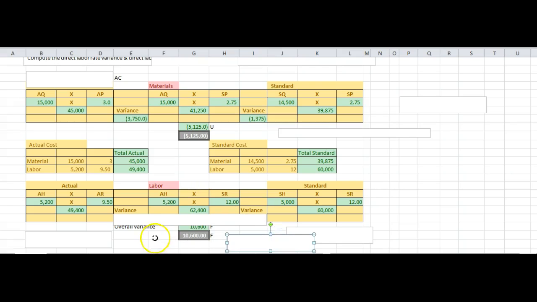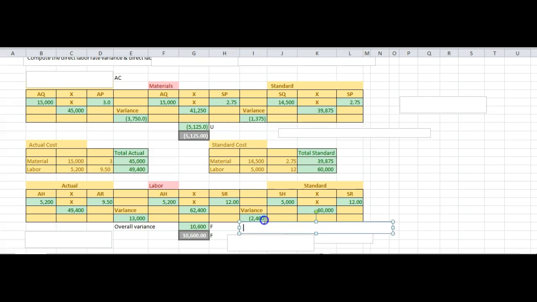So let's look. I used 5,200 hours. I should have used 5,000. My standard cost was $12, but I only paid $9.50. That's big, right? So if I had used the 5,200 times the $12 standard, I actually would have had a variance where I spent more than I should have.